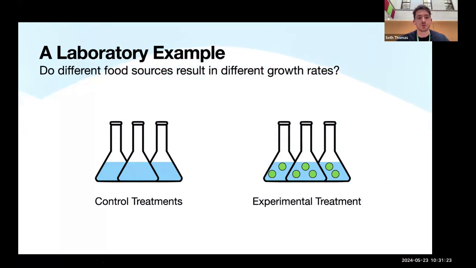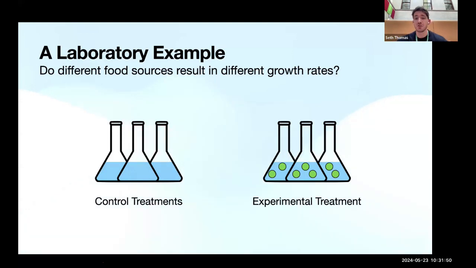So things that I might have to control for are things like temperature, I'd grow them in an incubator, so I knew that they were experiencing the same temperature. I'd control the light regime, so that I knew they had the exact same number of light hours and dark hours as each other. I'd control for the composition of the water. I'd make sure that it was the same salinity. I'd make sure that it was the same pH.